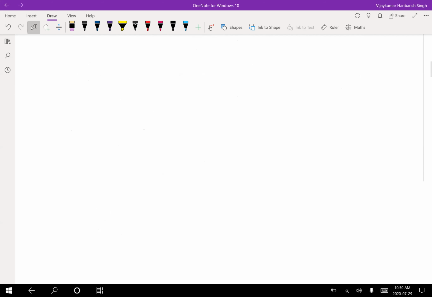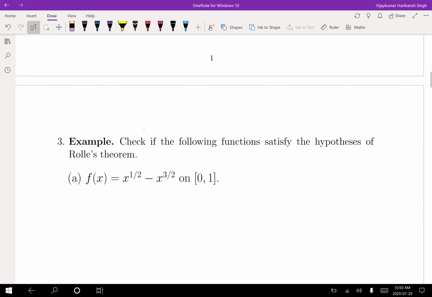So let's check if the following functions satisfy the hypothesis of Rolle's theorem. How do we go about it? First, we need to check: is it continuous on [0, 1]? And the answer is yes. Why?